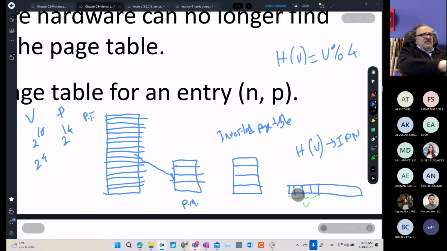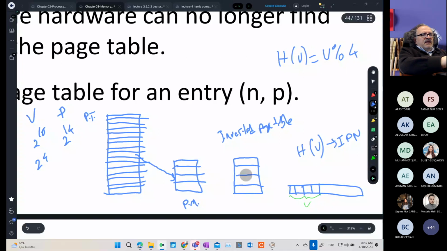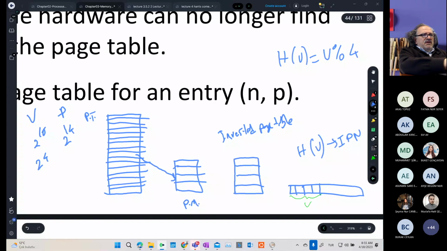You get this number, take the modulo 4. That will give you the inverted page table number, and you are going to get your frame number from there, and it will link you somewhere.